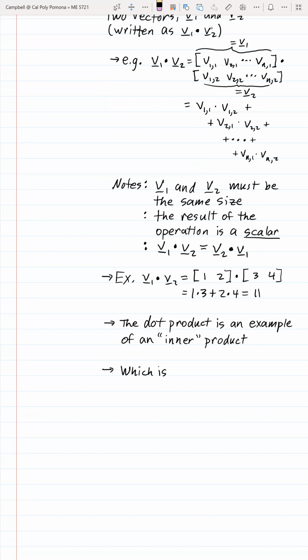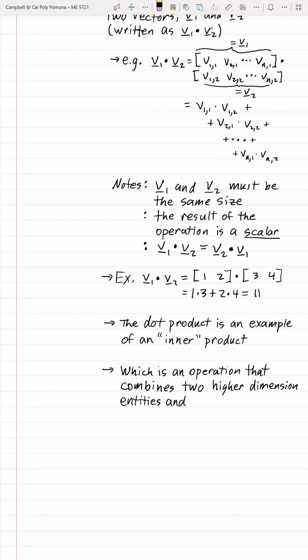So an inner product is an operation that combines two higher dimension entities, and these entities could be things beyond even matrices.